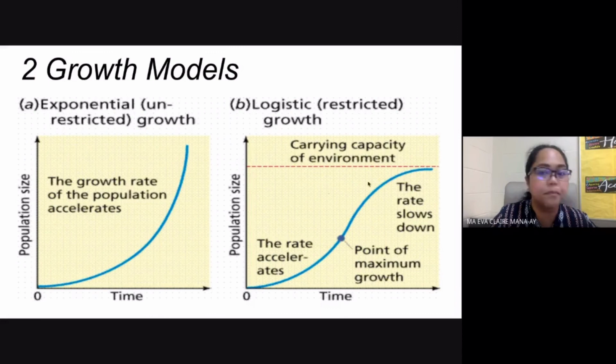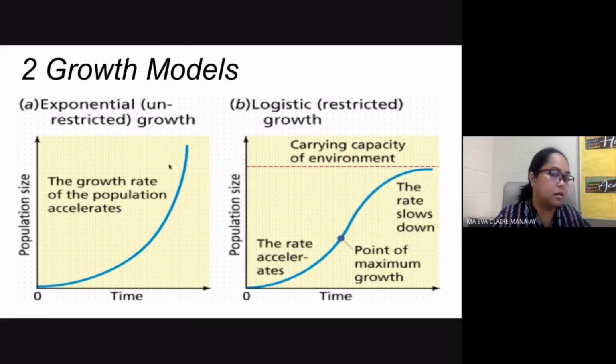Remember, carrying capacity is the max number of people that your environment can support. And so when that is reached, the rate slows down. The population will not continue growing, but it's going to slowly become reduced. This is sometimes also called your S-shaped model.